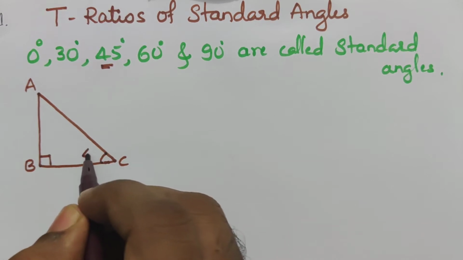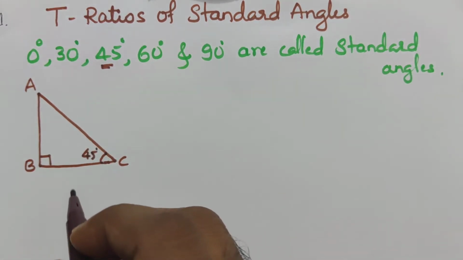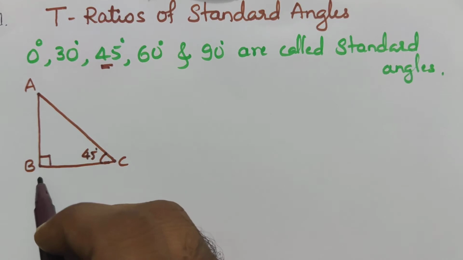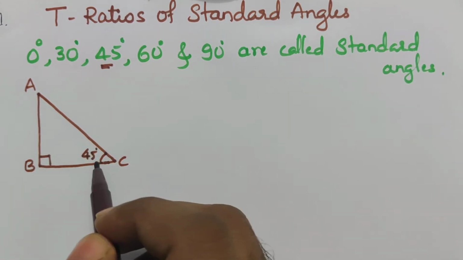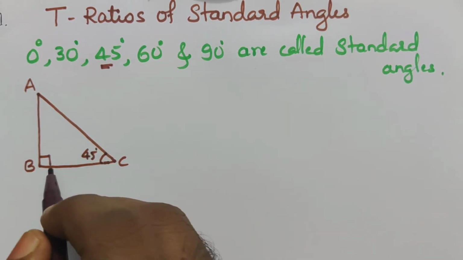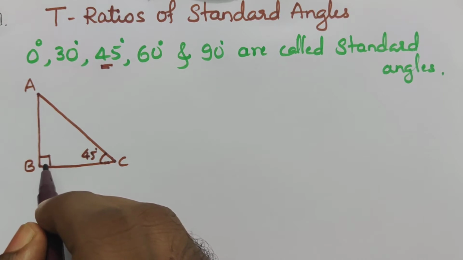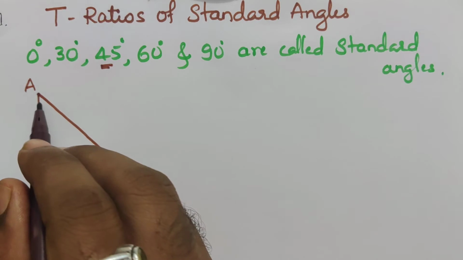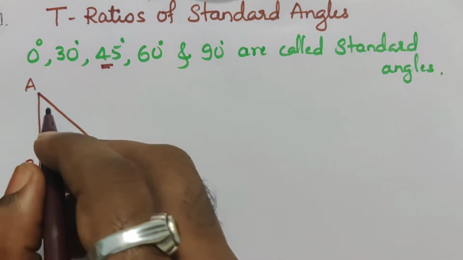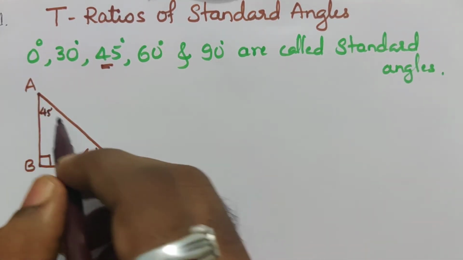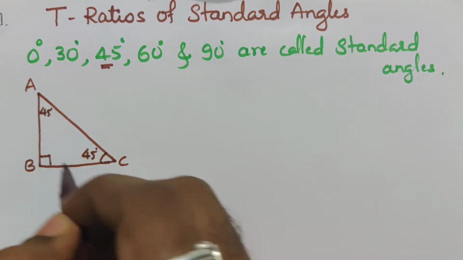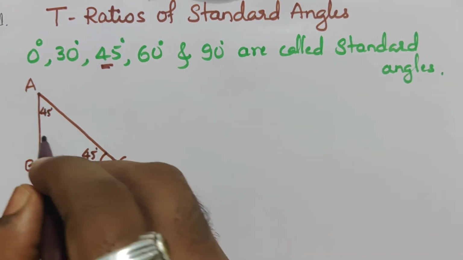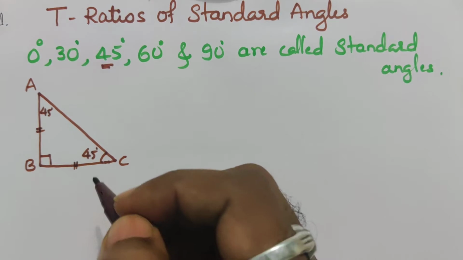If I take this as 45 degree, that also will be 45 degree, because the sum of all three angles is 180, and 90 is already taken here. If this is 45, this also will be 45. You must know, if two angles are equal, the sides opposite to them are also equal. That means these two sides are also equal.